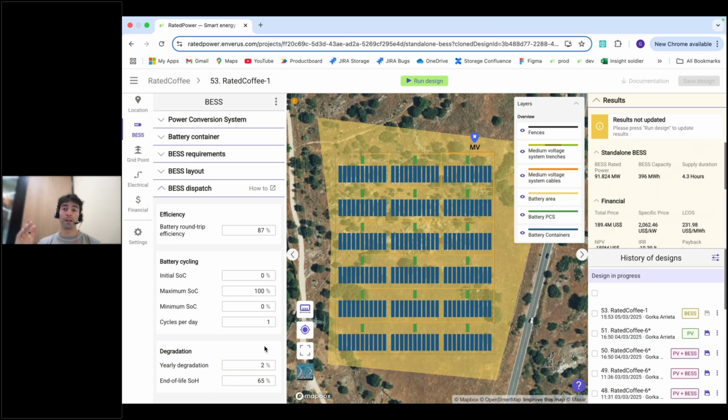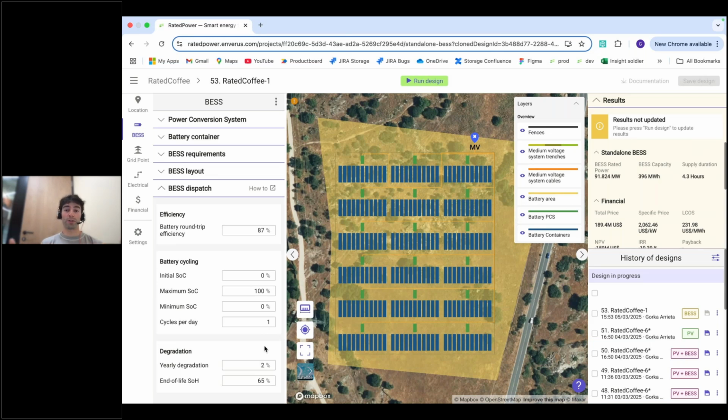This is the degradation point upon which we consider the limit. So the battery starts with 100% capacity, and each year it degrades 2% until it reaches 65%.